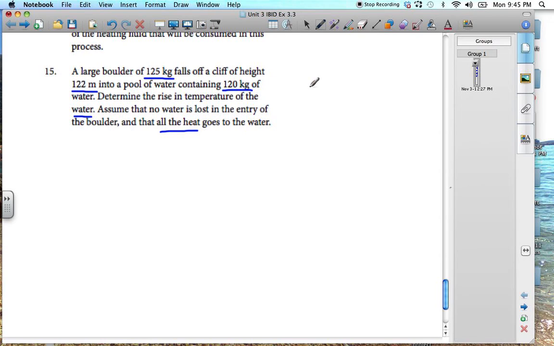So basically what's going to happen is that this boulder is going to fall down 122 meters. It's going to have a certain kinetic energy at the base, which we can write as a half mv squared, which can be calculated from your mgh, because the potential energy at the start.